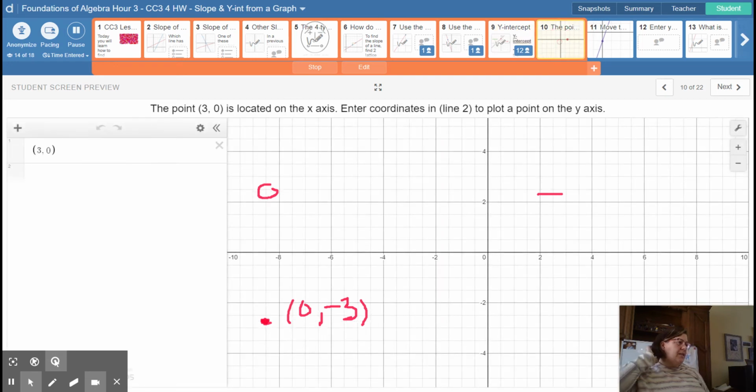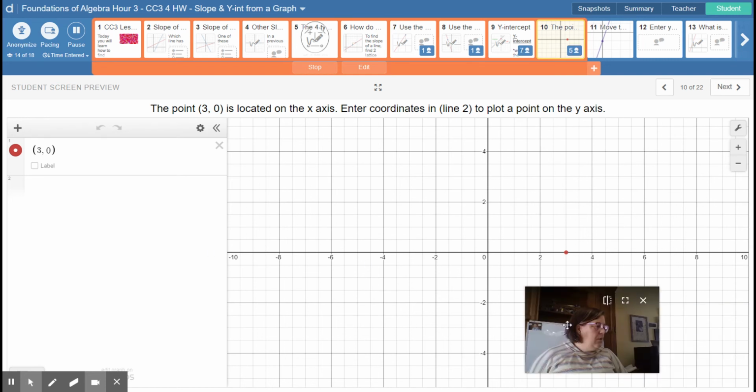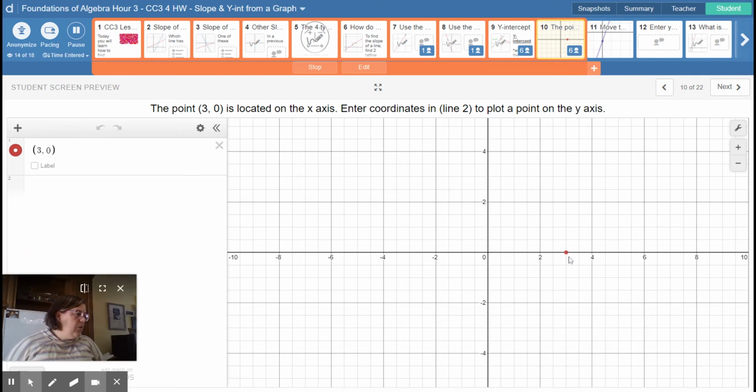So go ahead and look at slide 10. Slide 10 gives you the graph where it's showing you this point right here. That red dot is located at 3, 0. Notice it is sitting on that x-axis.